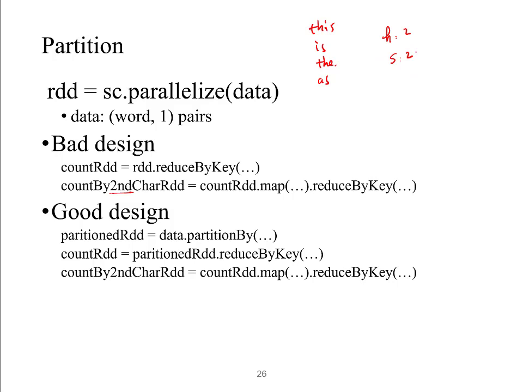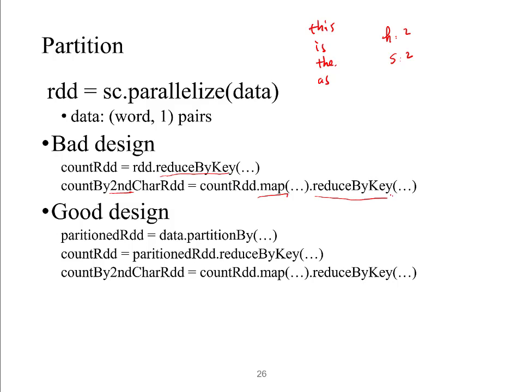A bad design would be to do a reduce by key first to count the occurrence of each word, then do a map to map the key, which is a word, to its second character, and then do a reduce by key based on the new key, which is the second character, to get the final count.